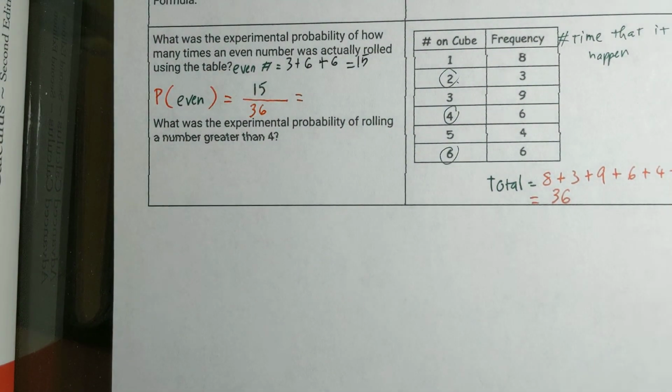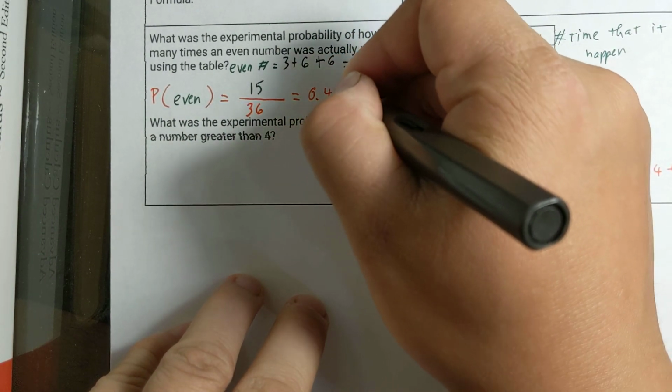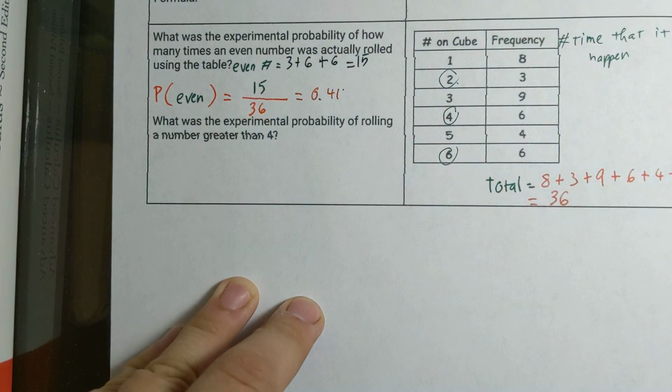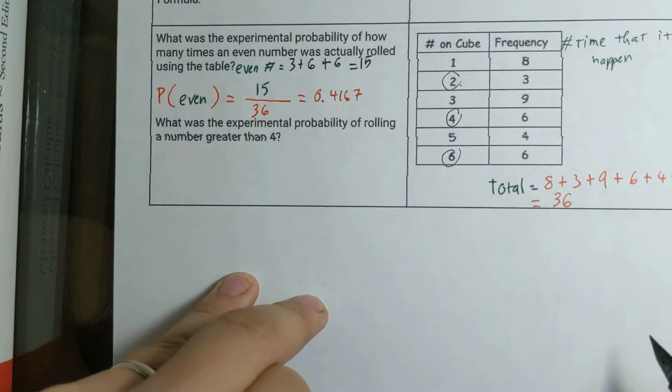You type it into your calculator, 15 over 36, should give you 0.41, a bunch of 6s. Round to 4 decimals again.